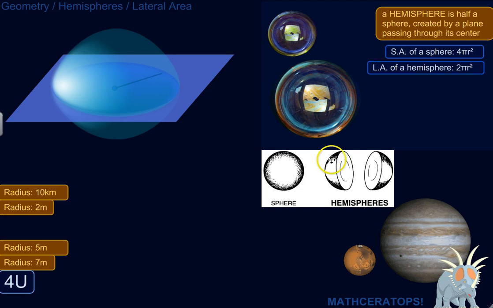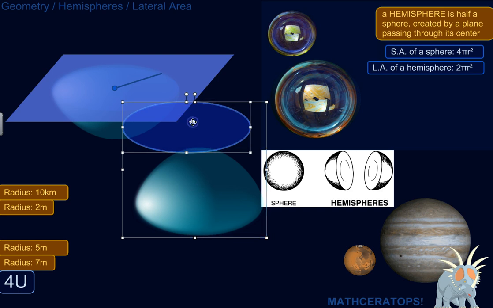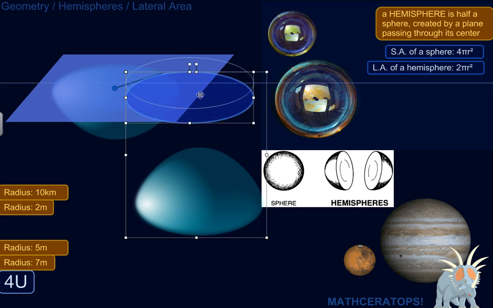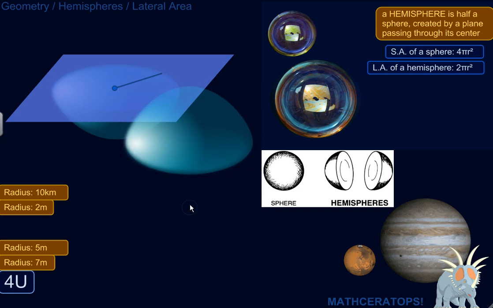So the lateral area is simply like the top dome. You wouldn't include that bottom surface, so it's just this dome by itself.